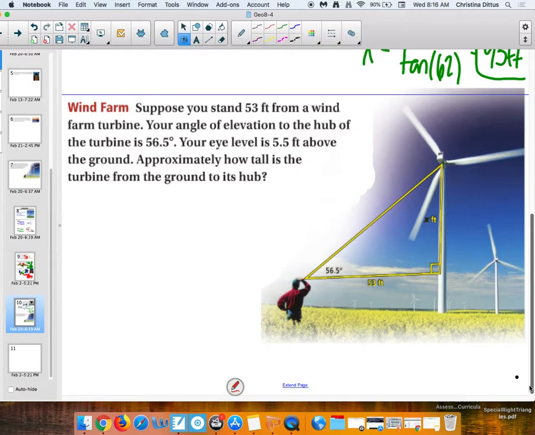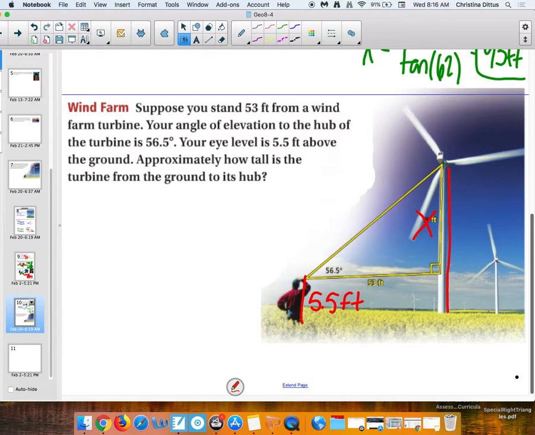Alright, suppose you stand 50 feet away from a wind turbine. Your angle of elevation to the turbine is 56.5 degrees. Your eye level, so this dude right here, is 5.5 feet above the ground. I want to know how tall my wind turbine is. In your triangle there, we've got a right angle here.